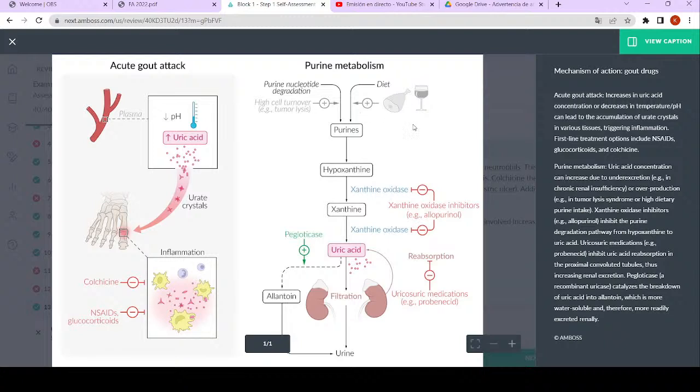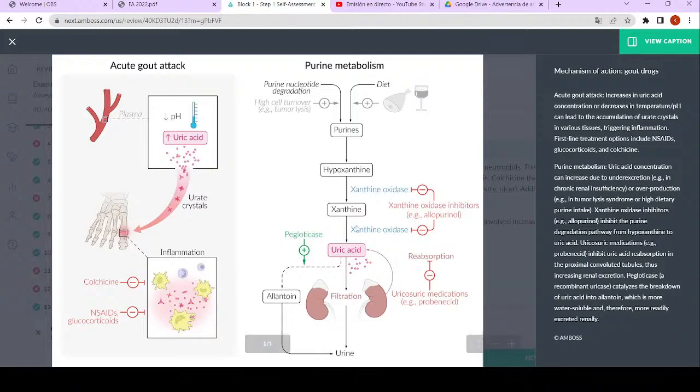So here you have it. Purines, hypoxanthine, xanthine, uric acid, xanthine oxidase. So here you use inhibitors of xanthine oxidase that are allopurinol and also febuxostat, right?